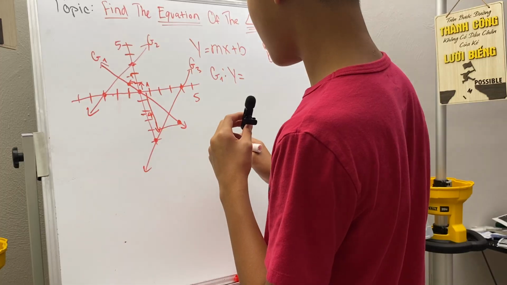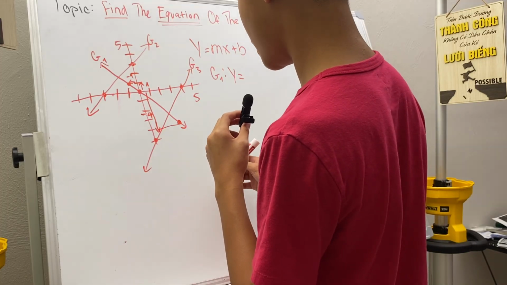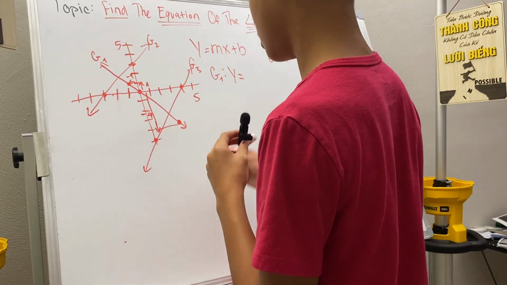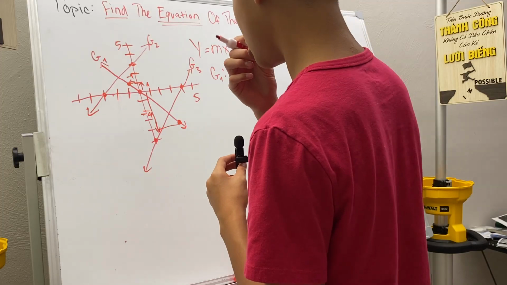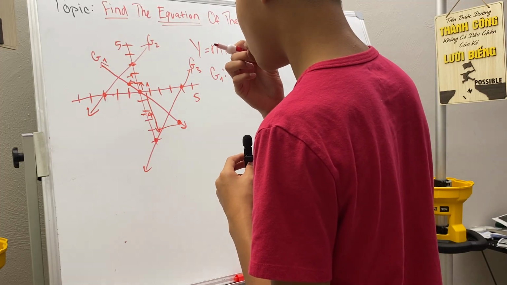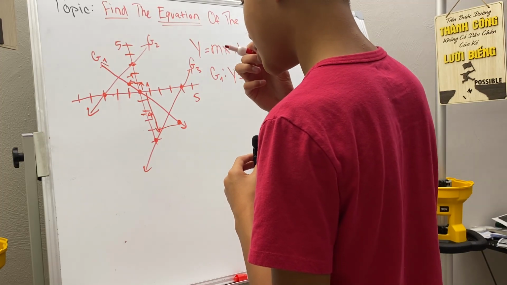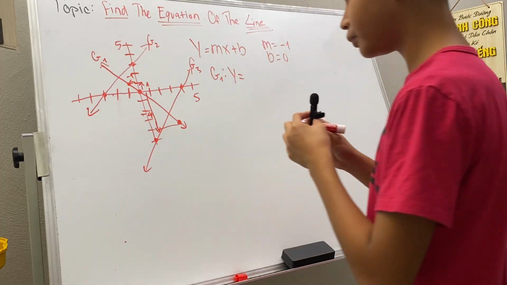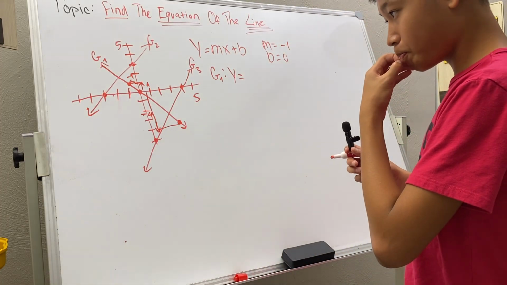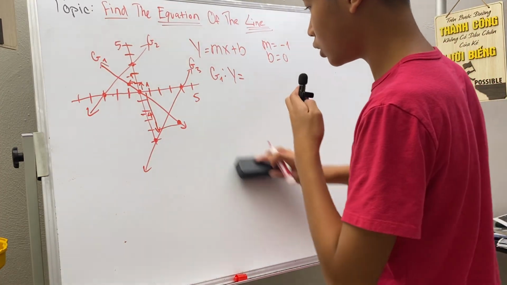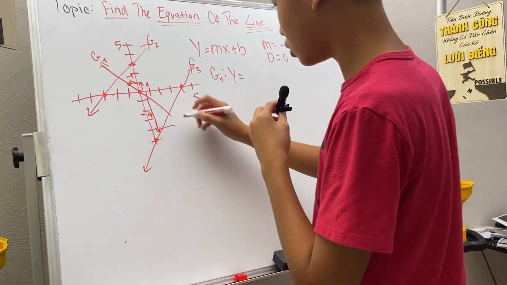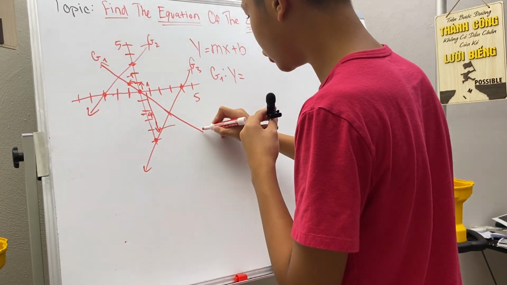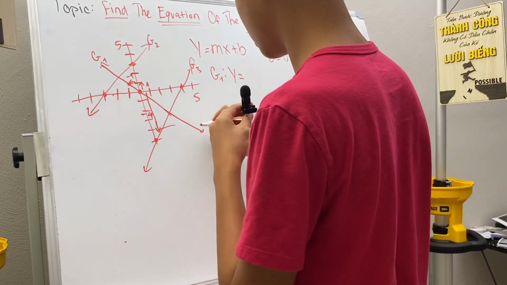Wait, hold up. My graph looks weird. It's not straight. It's supposed to be straight. Let me draw the graph straighter. There we go.